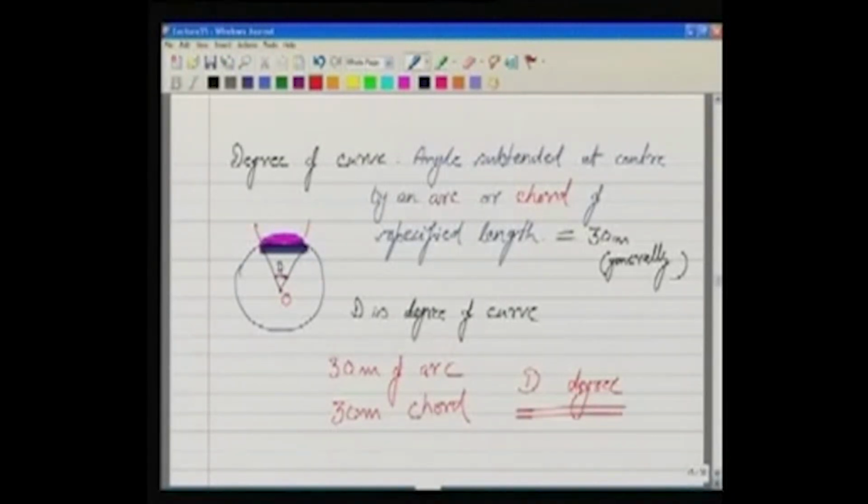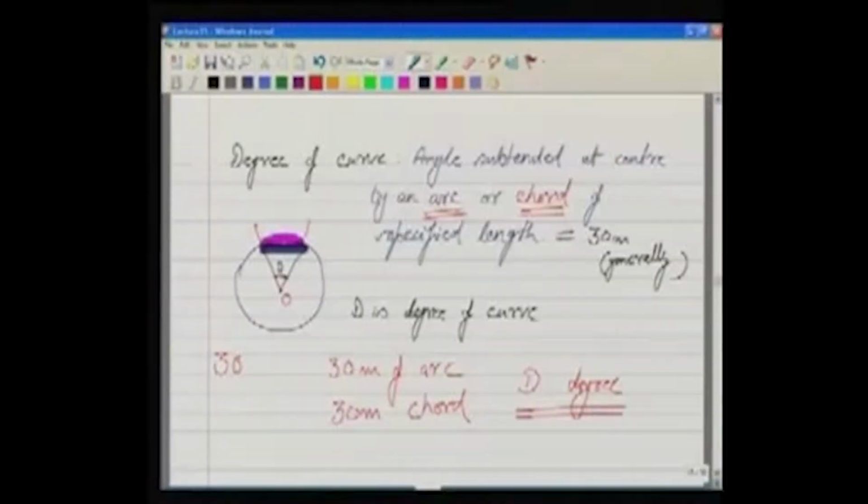So we will have to ask whether the definition is for arc or for chord, the arc definition or chord definition. So we can designate a curve by its radius as well as by the degree of the curve. And why am I using this 30 meter here? 30 meter is used because mostly earlier the chains or the tapes were of 30 meter length.